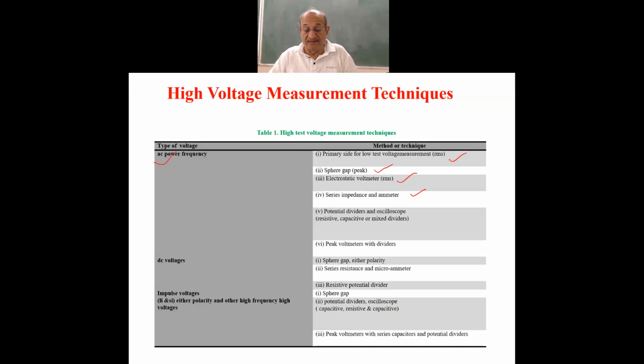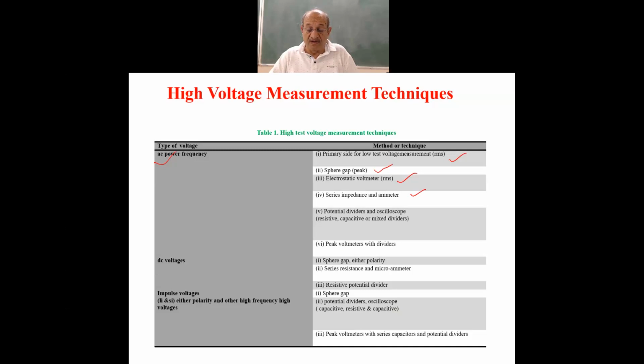Potential dividers and oscilloscope, and with the help of oscilloscope and potential dividers, as I said, we will be talking about this first: the types of potential dividers and the measurement techniques.